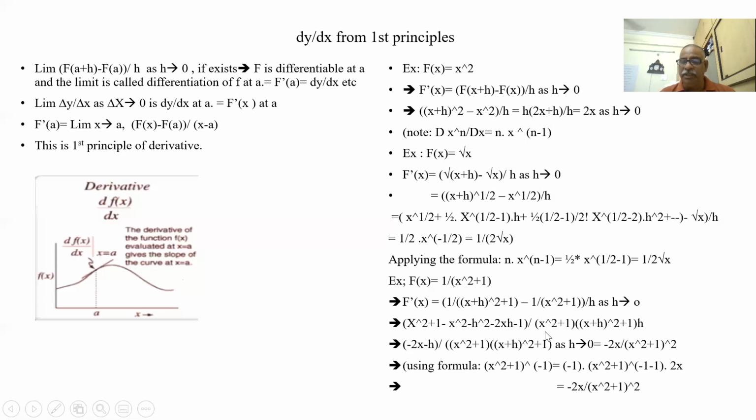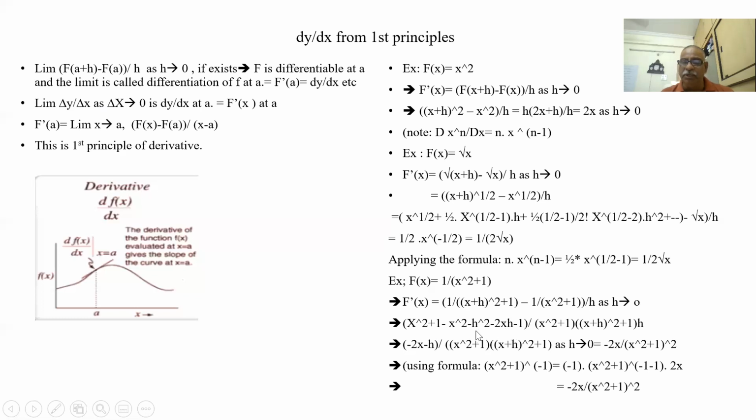So when I take my LCM, x square plus 1 into x plus h whole square plus 1, this is my LCM. H is already there in the denominator. So in the top, what is the numerator? I am getting x square plus 1 minus of x square plus h square plus 2xh plus 1. So all are minus. So x square gets cancelled, 1 and 1 get cancelled. What am I getting here?